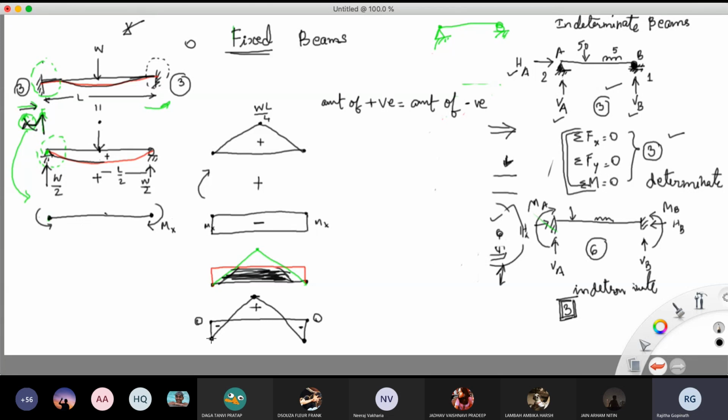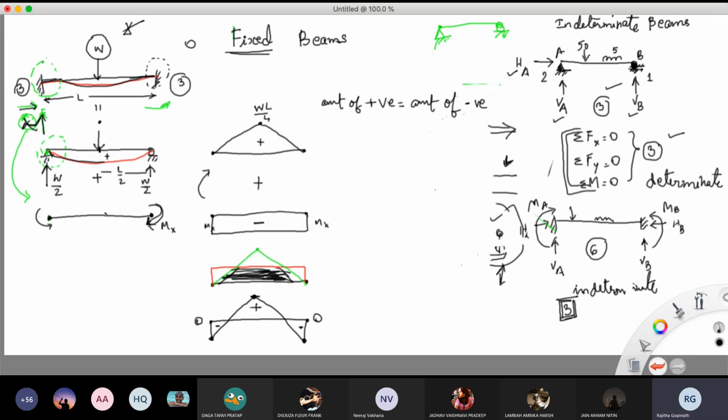Now because the beam is in equilibrium, it is not collapsing or it is not failing, it is safe to assume that the total load that is applied by the external force, somehow the joints are able to produce the same amount of negative moment, right?